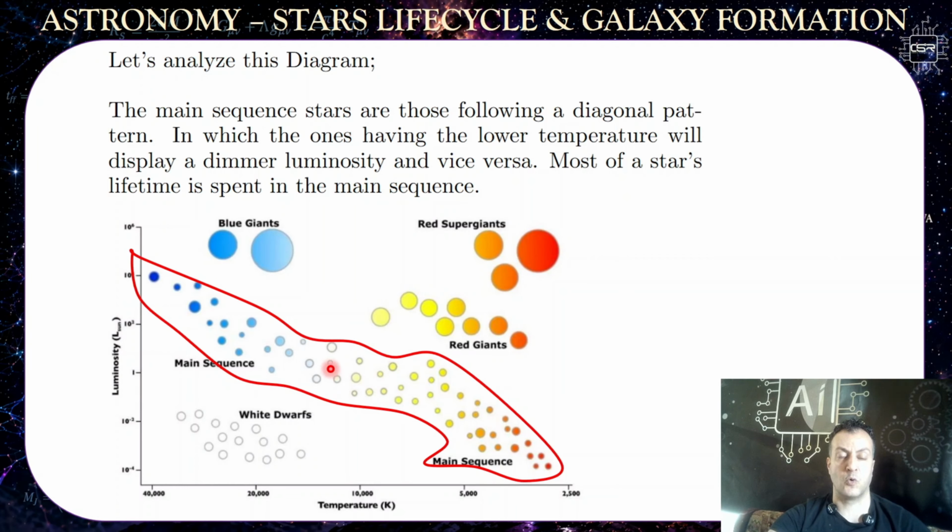In case it's not visible enough, here you have the hottest temperatures going to 40,000, and then the range drops all the way to 2,500. So to the right you have the coldest stars. To the left you have the brightest ones. So to the left you see most of the stars are of blue color, emitting a higher temperature.